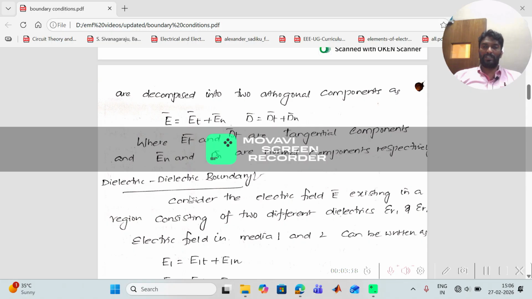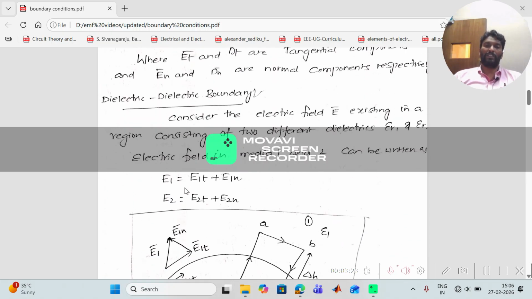If we consider the first kind of boundary, that is, the one existing between two dielectrics of different relative permittivities, we consider the electric field E bar existing in a region consisting of two different dielectrics, epsilon r1 and epsilon r2. Here in media 1 we consider E1 is equal to E1t plus E1n, and in media 2, E2 is E2t plus E2n, where as I said t and n represent tangential and normal components.